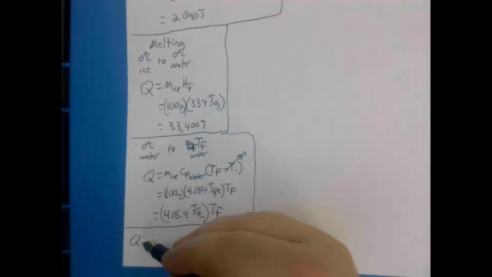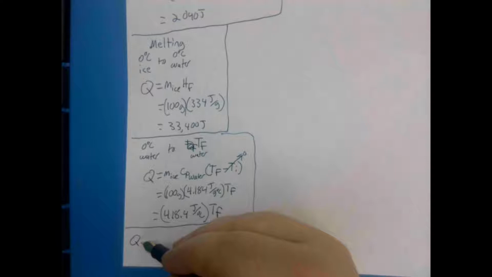So heat gained by ice is equal to 240 joules plus 33,400 joules plus 418.4 joules per degree Celsius times Tf.